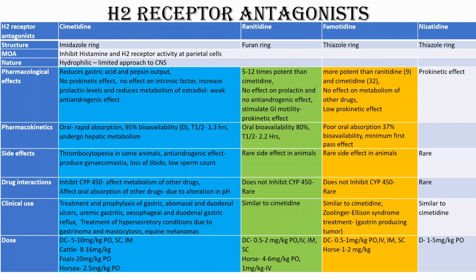Oral absorption of cimetidine is higher, 95%, whereas ranitidine has 80% and famotidine has 37% oral bioavailability. Cimetidine has some side effects like thrombocytopenia in some animals, anti-androgenic effects, gynecomastia, loss of libido and low sperm count. But the other three don't have such side effects. The side effects are rare.